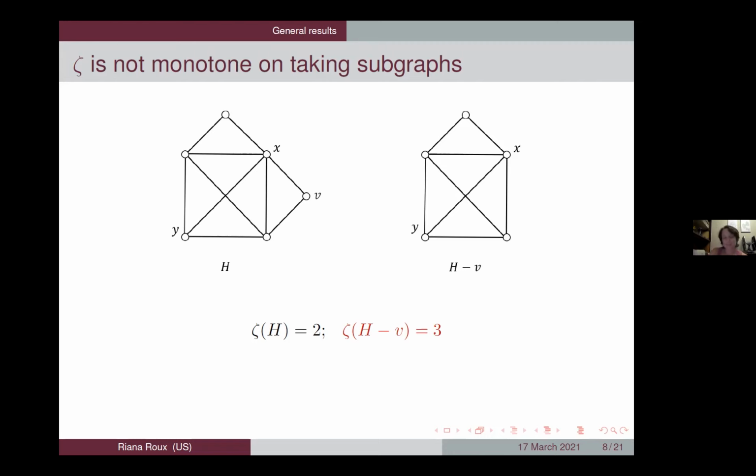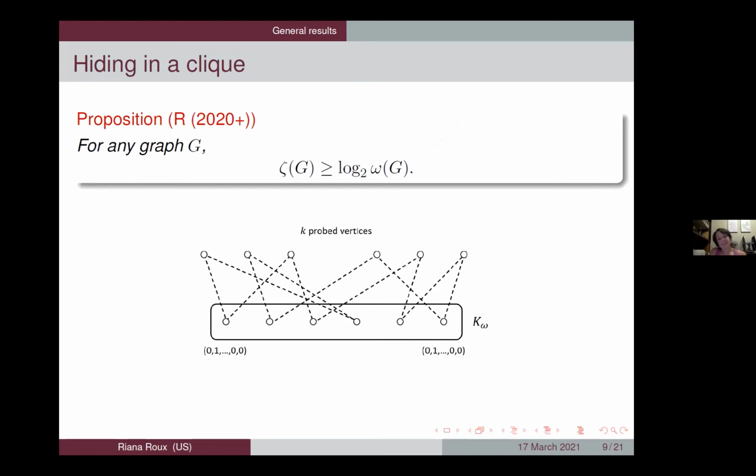So back to the clique number. The result here gives us an idea of how we can use the clique number. It's just not really a good bound in terms of the localization number. This result is very similar to the one in terms of the metric dimension of a graph.